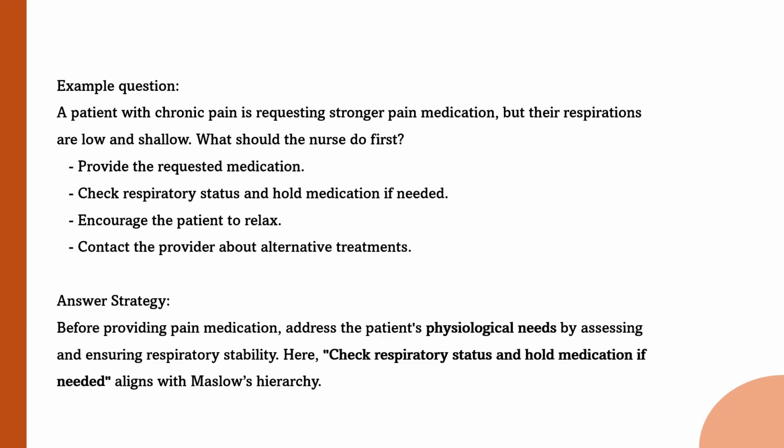Why am I just directly going to tell the doctor they should give alternative treatment? So what will happen to the respiration being low and shallow? What are we going to do about it? Right? So that makes you come back and say, yes, checking the respiratory status and holding the medication if needed is important. So B is the correct answer right here.